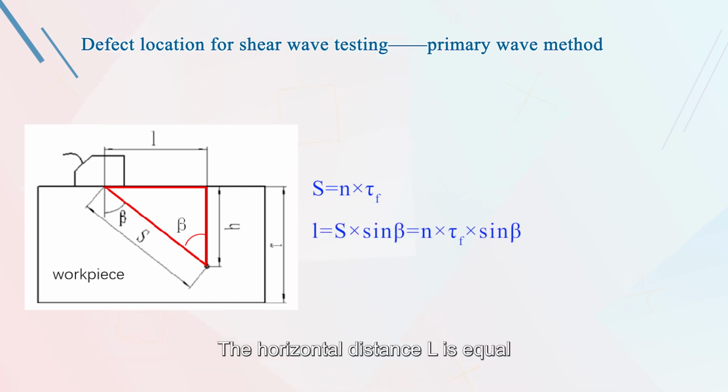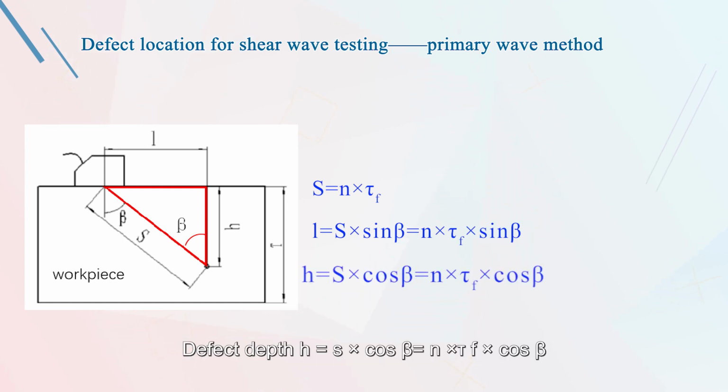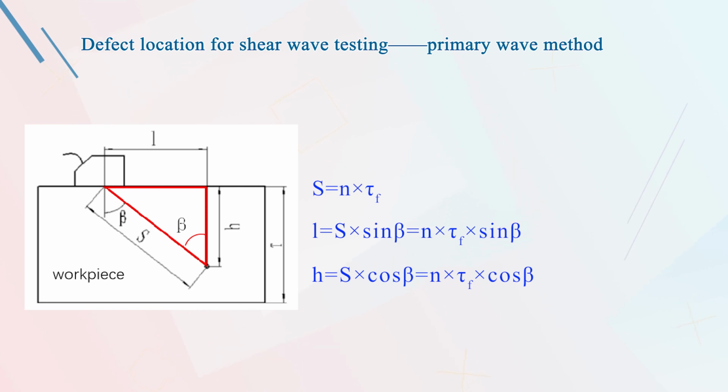The horizontal distance L is equal to the sound path times sine beta, and the defect depth is equal to the sound path times cosine beta.